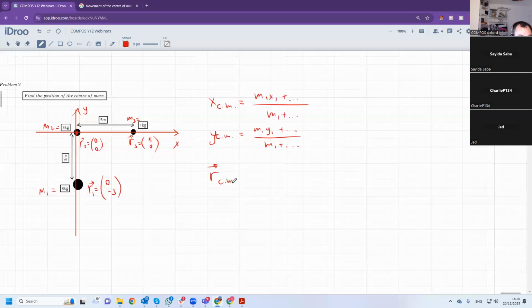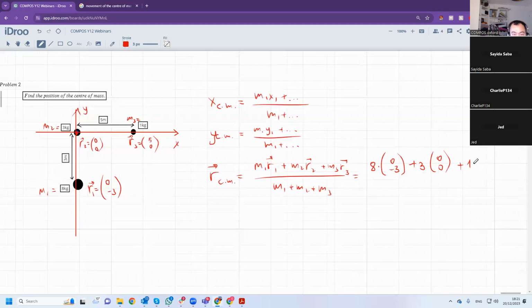So the position vector of the center of mass is m1 r1 plus m2 r2 plus m3 r3 over m1 plus m2 plus m3, vectors, and that is equal to m1, that's 8 kilograms, multiplied by 0, minus 3, plus m2, which is 3, multiplied by 0, 0, plus 1 kilogram multiplied by 5, 0, over m1, 8 plus 3 plus 1, so it's still 12.